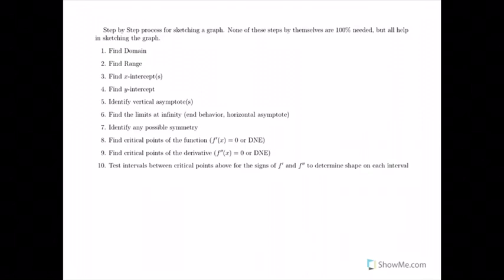Maybe symmetry is really just not useful at all in this problem where there is no symmetry, and so on and so forth. But the general idea is to get a few points that we know on the graph and then be able to connect the dots in a specific way, knowing the sign of the derivative and the second derivative. So we're going to look at 3 examples in this lecture, going through each of these steps, and then sketching a graph at the end.